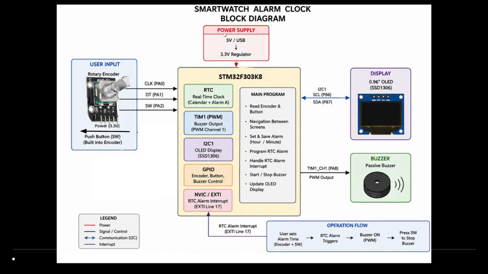And this is pretty much our block diagram, the summary of it. I'll demonstrate in the demo in a bit. This is our program. It uses I2C to communicate between the STM32 and the OLED display.